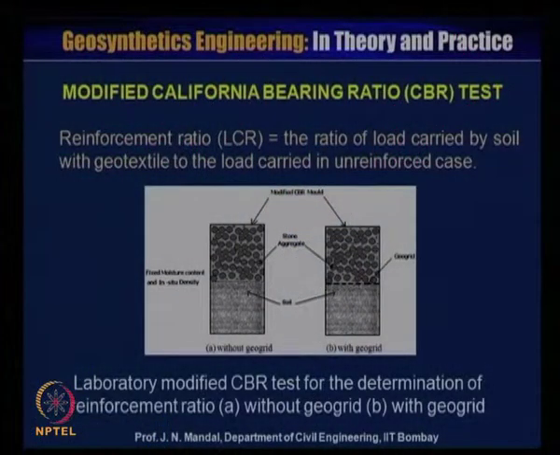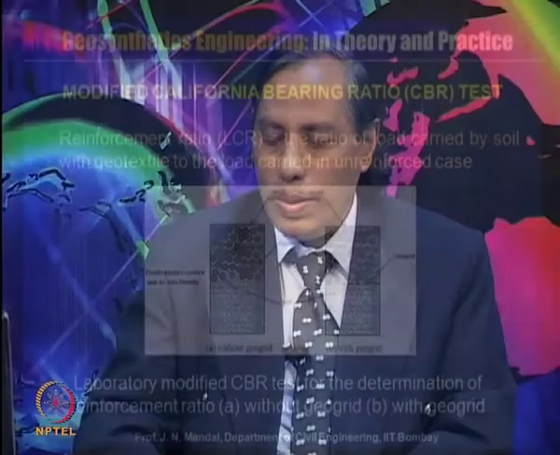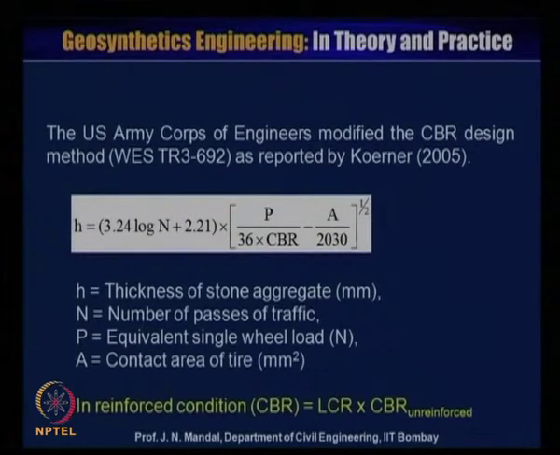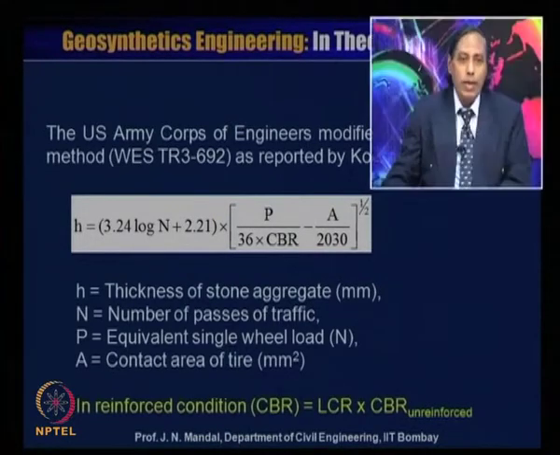This ratio value at each deflection increases when the moisture content is also increasing. So from this test you can roughly calculate the thickness of the stone aggregate. This is given by the US Army Corps of Engineers modified CBR design method, WES TR 3692, as reported by Koerner 2005. So this is the equation.